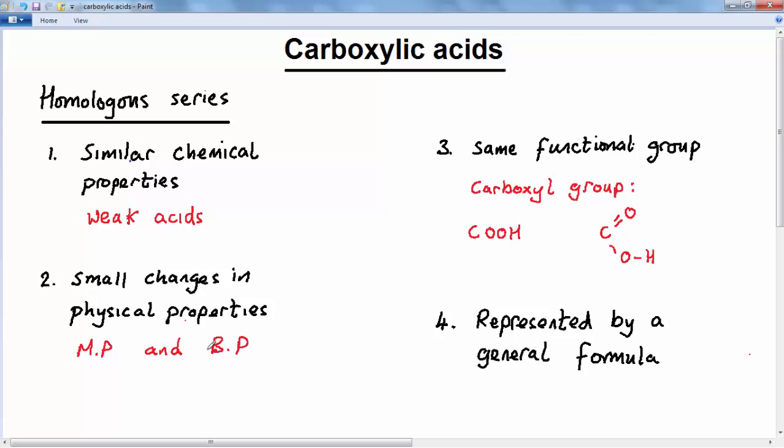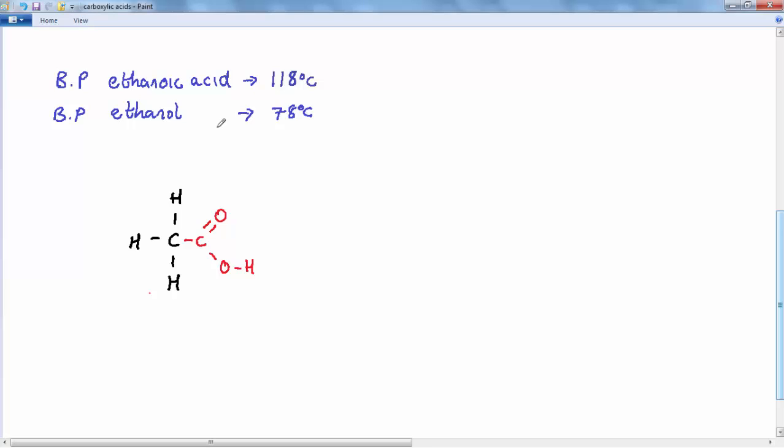Now, the melting points and boiling points of carboxylic acids are higher than those of the alcohols, and there's actually an interesting reason for that, which I shall now explain. Now, ethanoic acid has a boiling point of around 118 degrees Celsius, whereas its equivalent in the alcohols, which is ethanol, has a boiling point of 78 degrees Celsius.